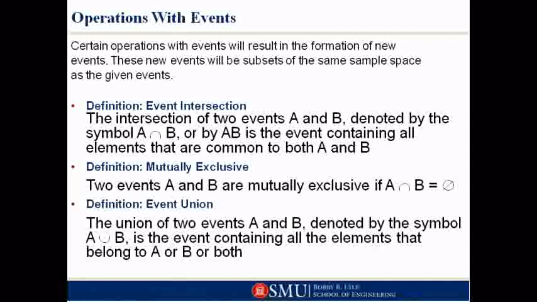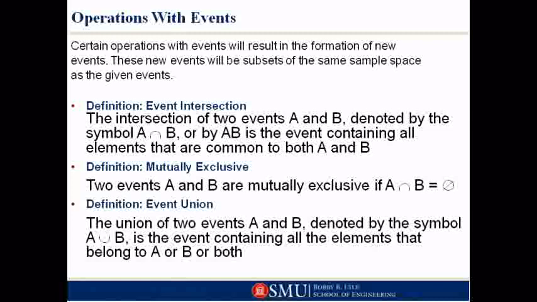So let's see, if I had an event... A could be the event that I rolled an even number, and B could be the event that I rolled a number greater than 4.